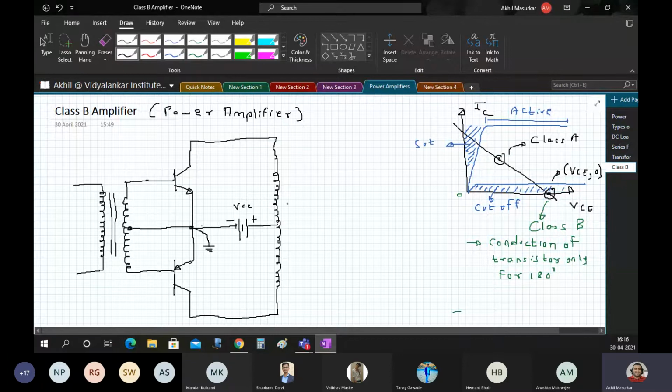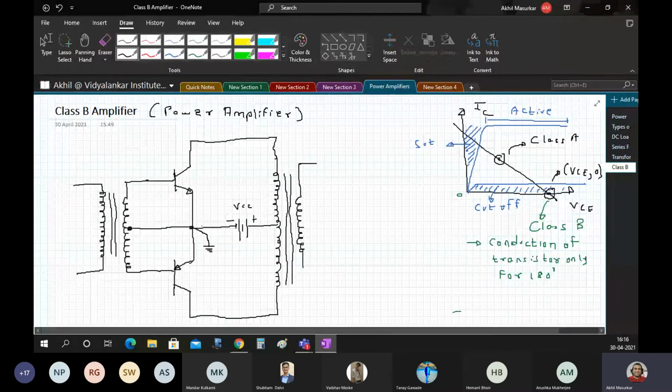Again we are having a center tap transformer. And on the other side, when we say a transformer will always have a primary side and a secondary side.